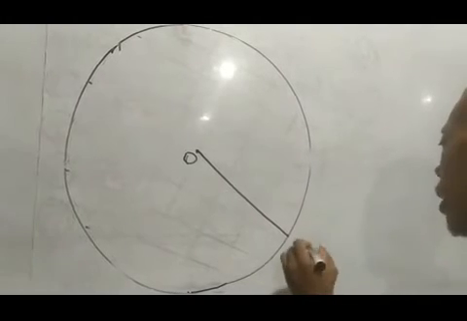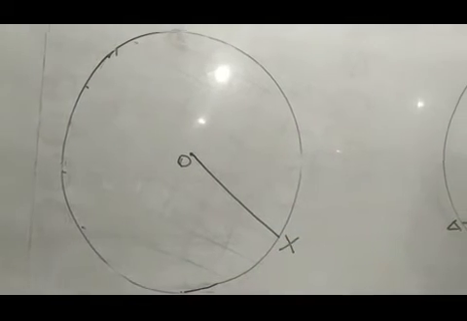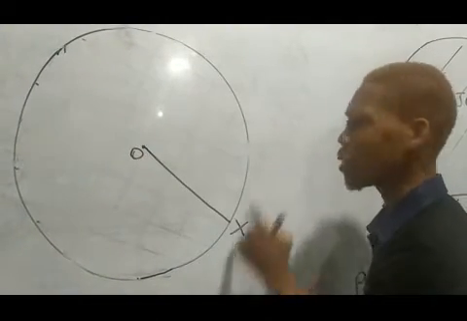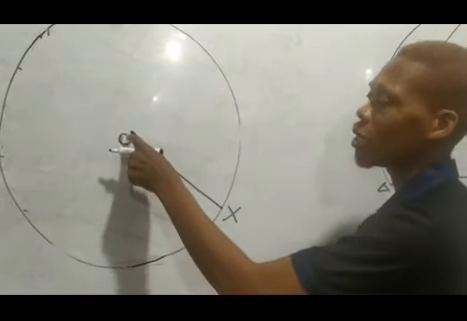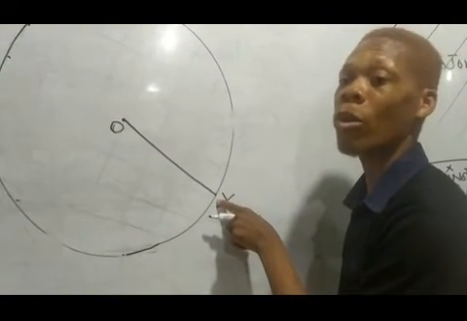Let me call this point X. Then the line OX is called a radius. It is a radius because it is a straight line from the center to any point on the circumference.